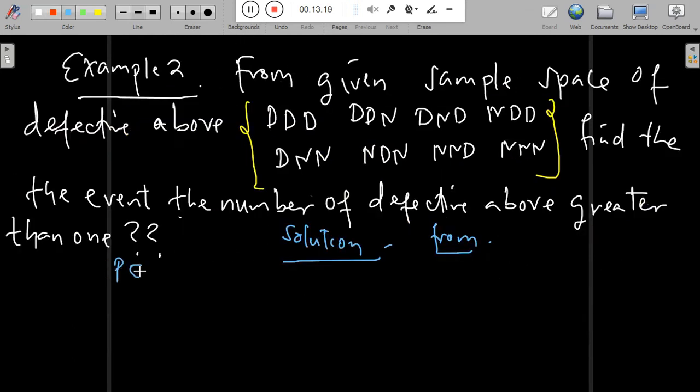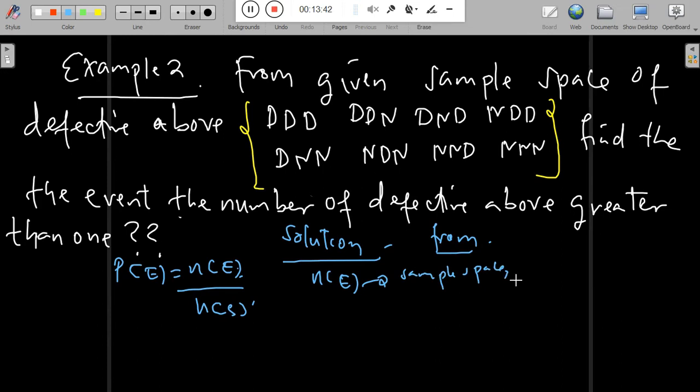Let's come to example number 2. From the sample space we have obtained, that is DDD, DDN up to NNN, we are required to find the event that the number of defectives is greater than 1. In the solution, we take the probability of an event as the number of outcomes in the event over the total number of outcomes in the sample space.